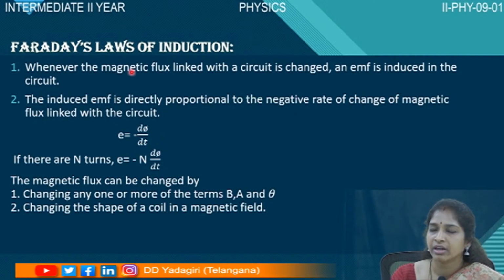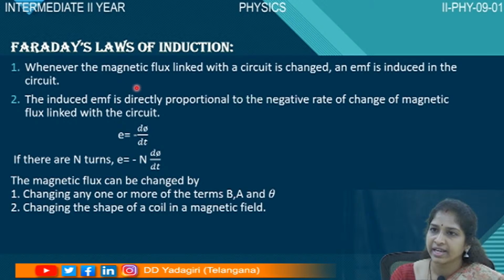See what we are saying here, that there is a change in the magnetic flux. Change in the magnetic flux can be an increase or a decrease in the magnetic flux. The increase or decrease in the magnetic flux is denoted by d phi by dt in mathematical form. d phi by dt indicates change in the flux with respect to time.